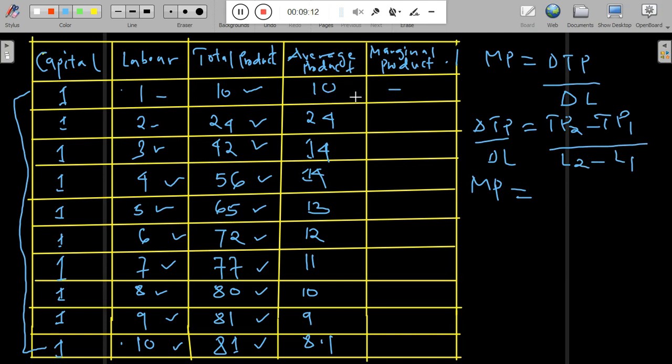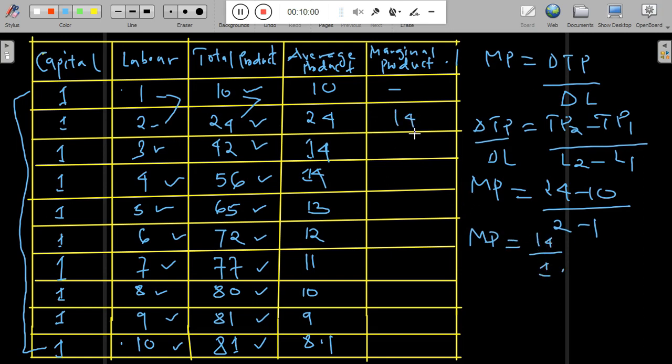So in order to fill the first blank, as you can observe, we take the total product 24 minus 10 divided by 2 minus 1, which is equal to 14 over 1.